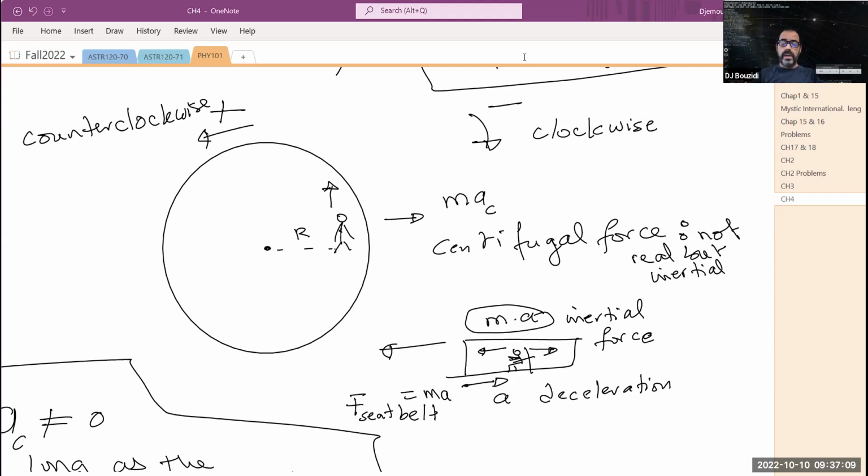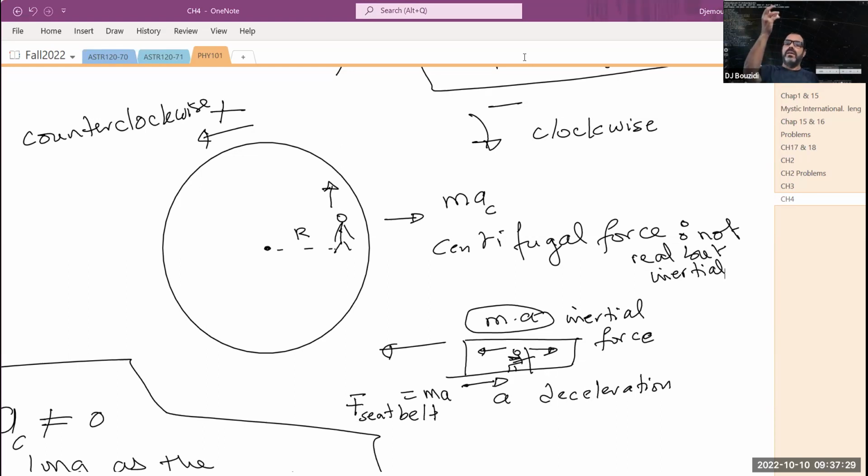If you're sitting in a car and all of a sudden the driver accelerates, you're going to move backward because the acceleration is forward. Your body wants to move in the opposite direction, by your mass times the acceleration. You find yourself pressing against the seat.